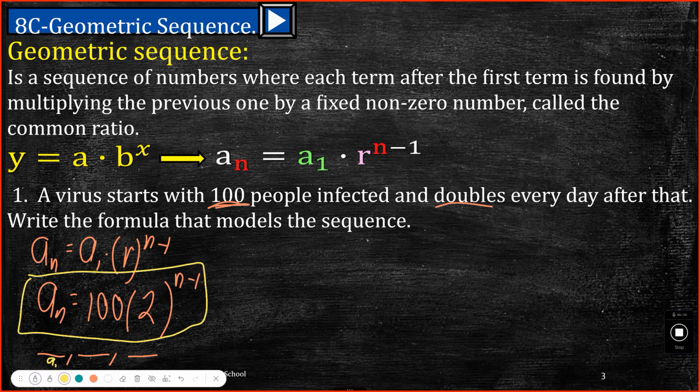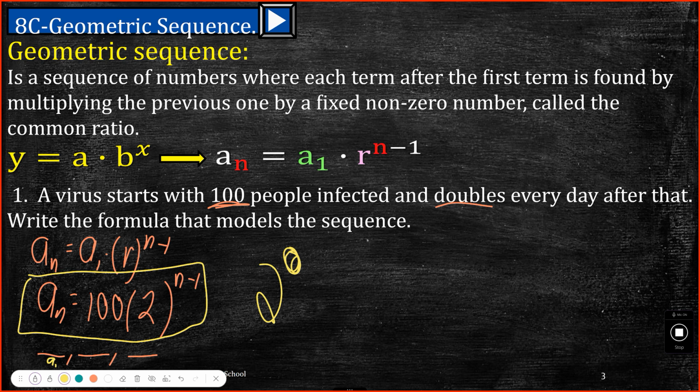You're already thinking the next number. 2 to the 0 power is? 1 minus 1 is 0. 2 to the 0 power is 1. 1 times 100 is 100.